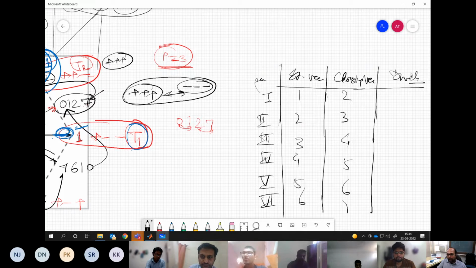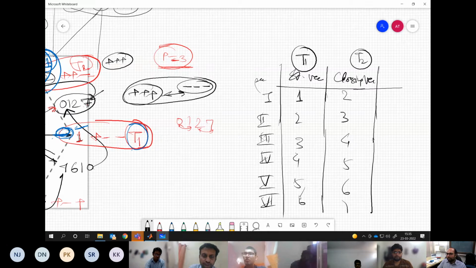Dwell time, I think I should write here because this is common for all. You understand? T1 dwell time is associated with the vector which is starting the sector, and T2 with the one which is closing the sector. Fine? Clear?